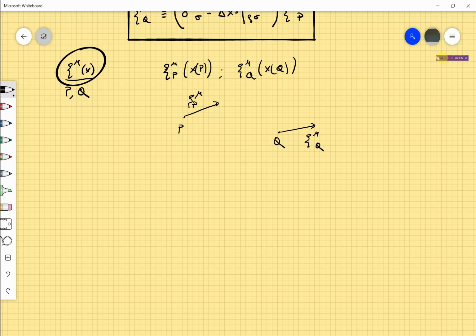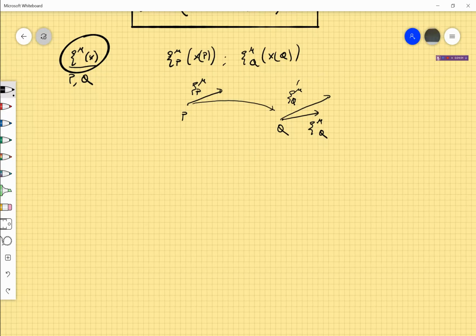So the idea is that I parallel transport this psi mu of P to Q. Let me call it psi mu prime at Q, and then I can subtract psi mu prime from psi mu of Q. This would be the way to see how this field varies when you go from x to some nearby point.